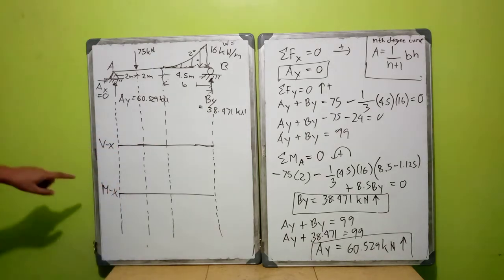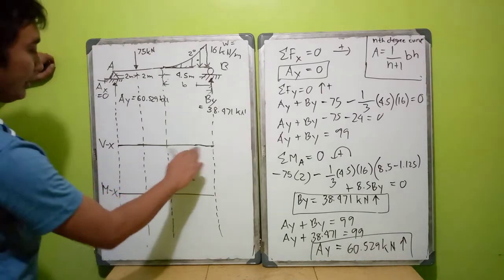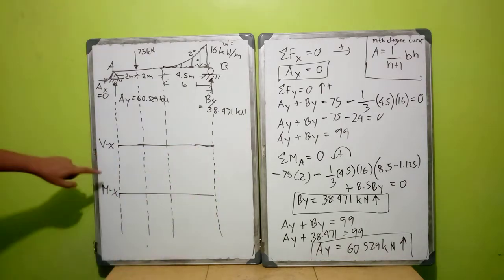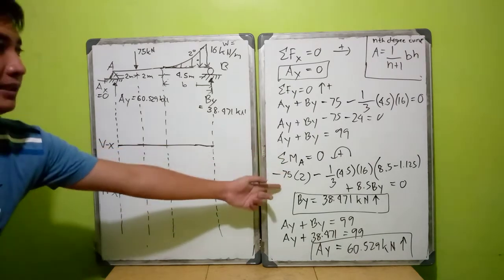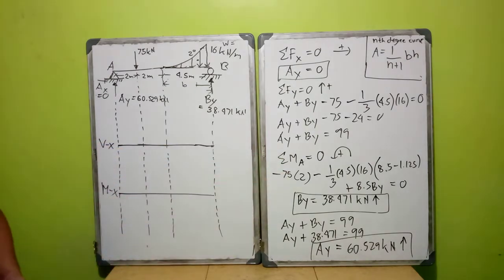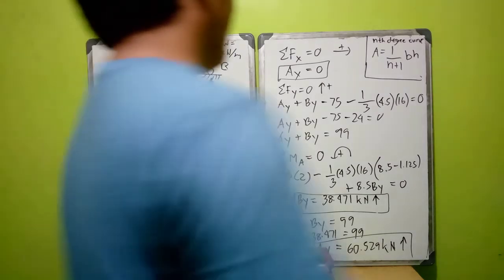So this is the zero area and this is your X. It is increasing, from left to right. I will erase this one so that we can construct the shear and moment equations. Since this is a video, you can repeat the portions which are unclear to you so that you can understand better.